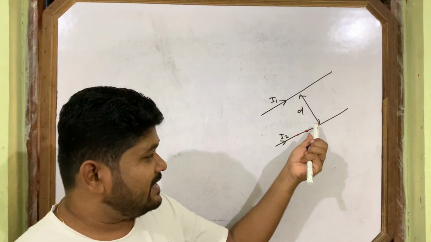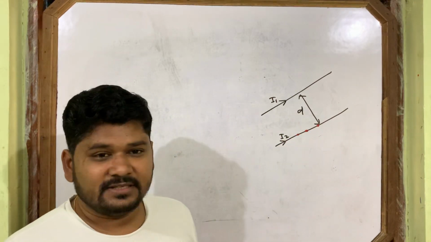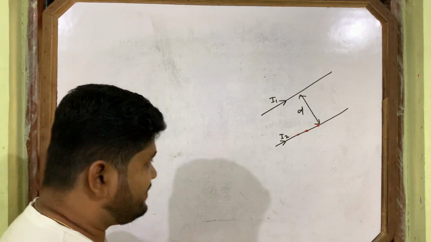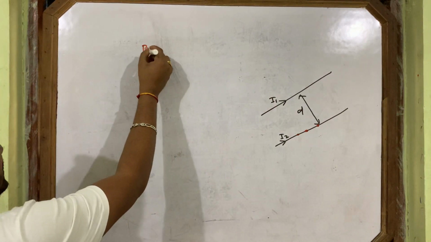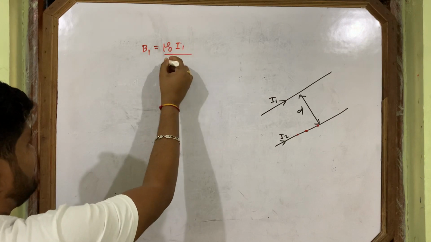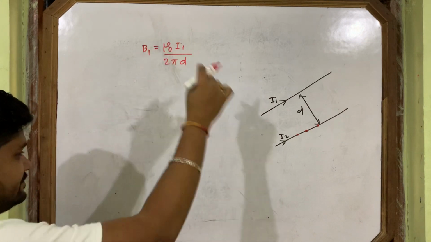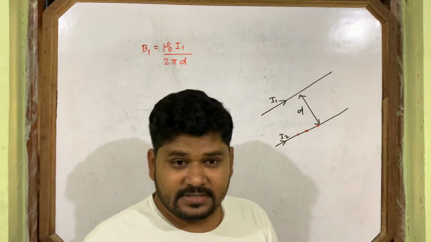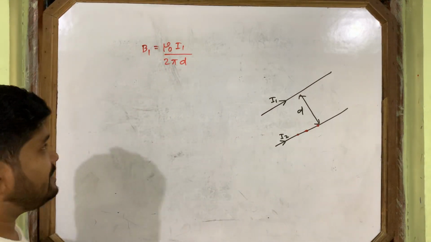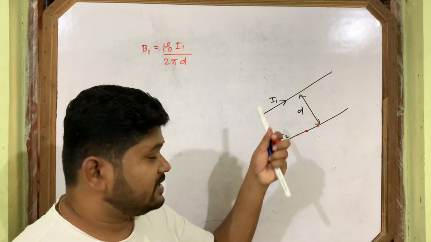The magnetic field outside a thin conductor at a distance d is mu naught I1 divided by 2 pi d. Am I correct? Mu naught I by 2 pi r. So mu naught I1 by 2 pi d is the magnetic field due to this conductor.